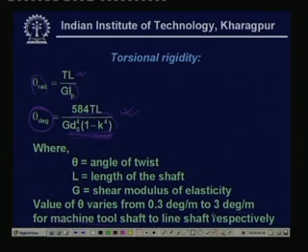So, this actually ends the ideas of the shaft design based on the stiffness. Based on the stiffness, we are just utilizing the bending equation and the equation of torsion, in particular the angle of twist, just to find out the shaft dimensions.